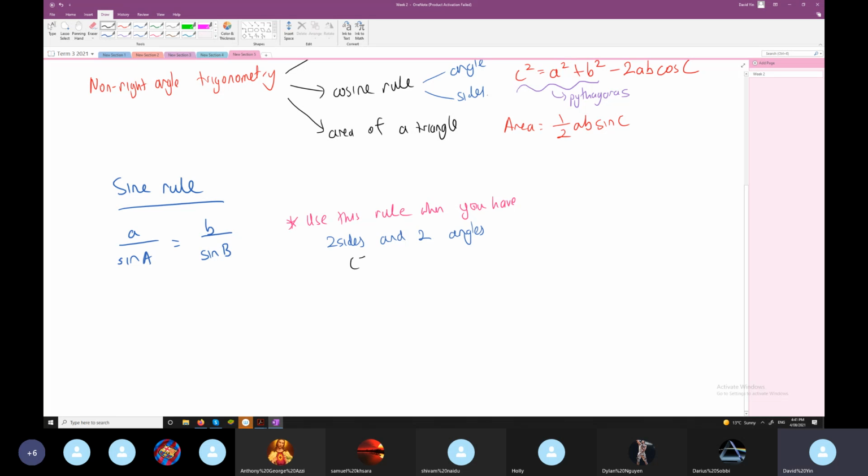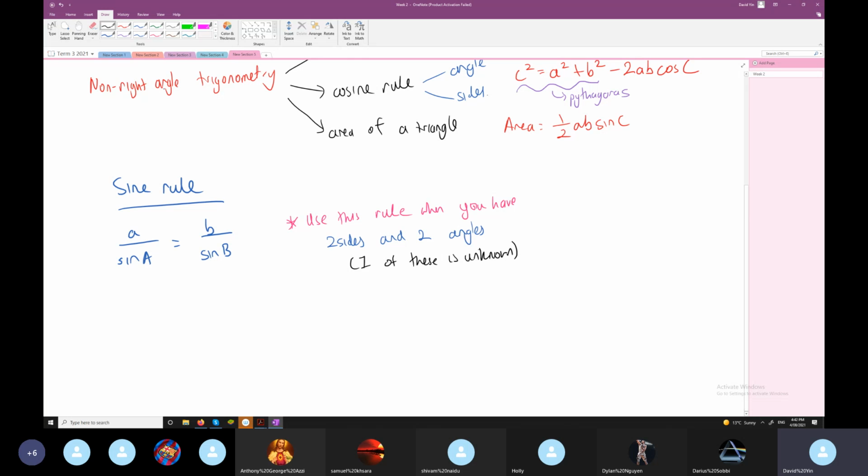It could be that one of the sides is unknown, so you have two labeled sides and two labeled angles, and one of these is unknown. Or one of the angles is unknown, where the two sides are labeled and one angle is unlabeled.